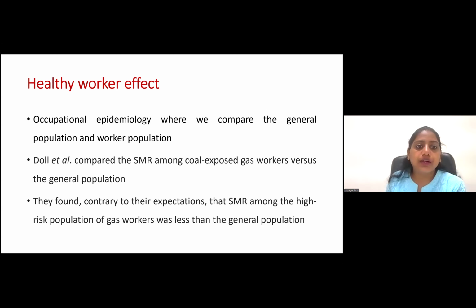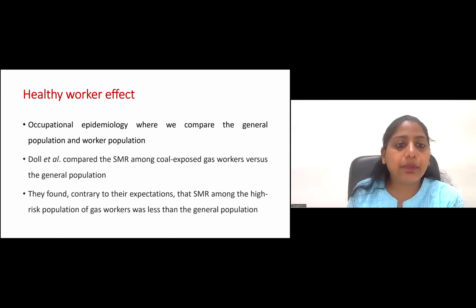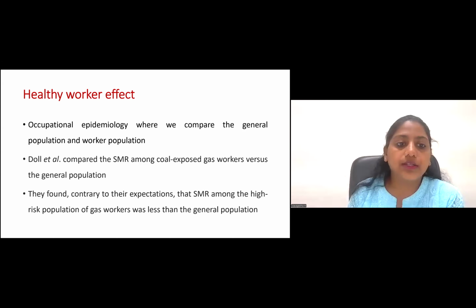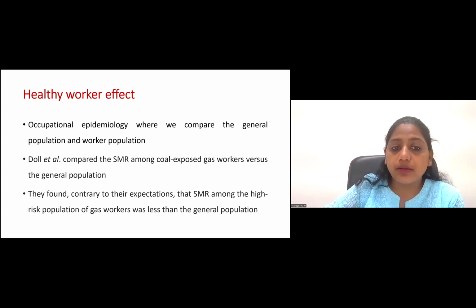The next one is the healthy worker effect. It is most commonly used in occupational epidemiology. The idea here is that when somebody is under observation, they tend to perform. The classic example is by Doll et al. They compared the standardized mortality rate among coal gas workers versus the general population. Contrary to expectations, the standardized mortality rate among this high risk population, that is among coal gas workers, was less compared to the general population.